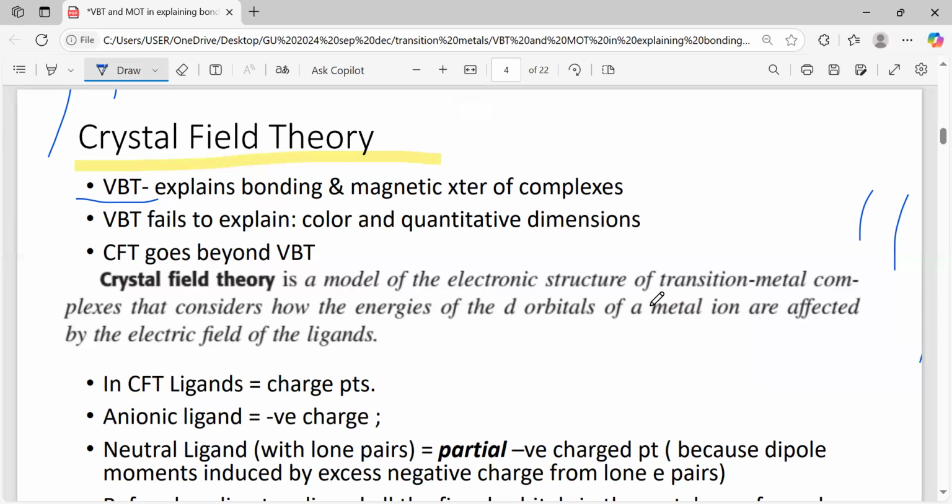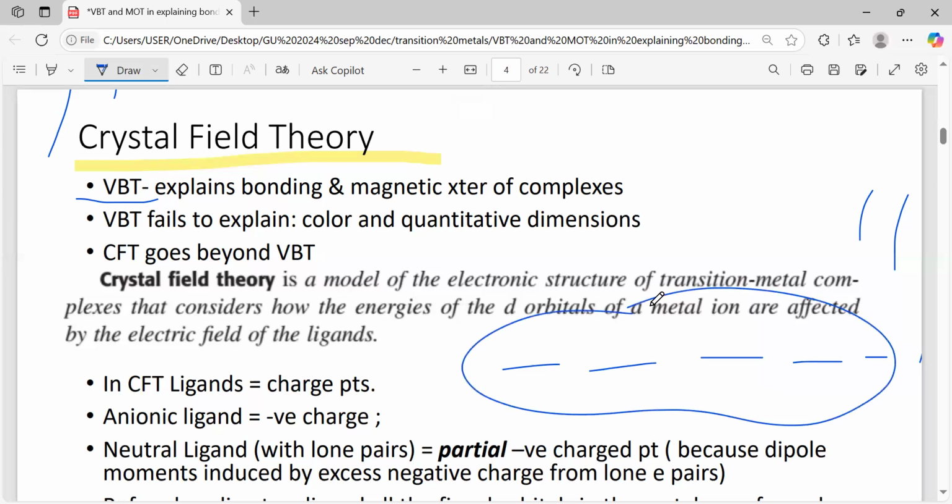Ordinarily we assume that the d orbitals are at the same energy level, like that. But in reality they aren't, they actually split. CFT assumes that ligands are charged. It assumes anionic ligands have a negative charge, whereas neutral ligands like ammonia have a negative charge because of the lone pairs.